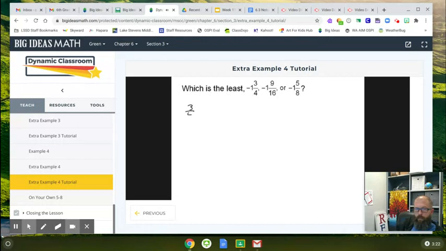So we have 3 times 4 in the numerator and 4 times 4 in the denominator. 3 times 4 is 12, and 4 times 4 is 16. So, -1 and 3/4 is equal to -1 and 12/16.